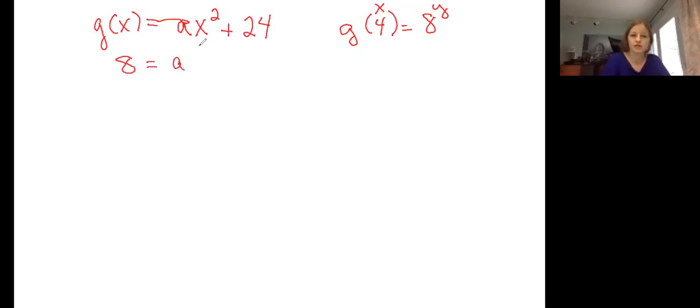A, we don't know yet. X is what's in the parentheses. So where I see an x, I'm going to plug in this 4. Okay, so 8 equals 4 squared, 16, a plus 24.